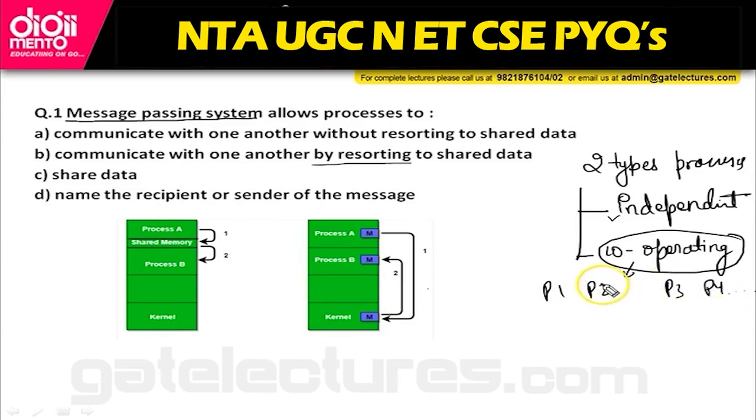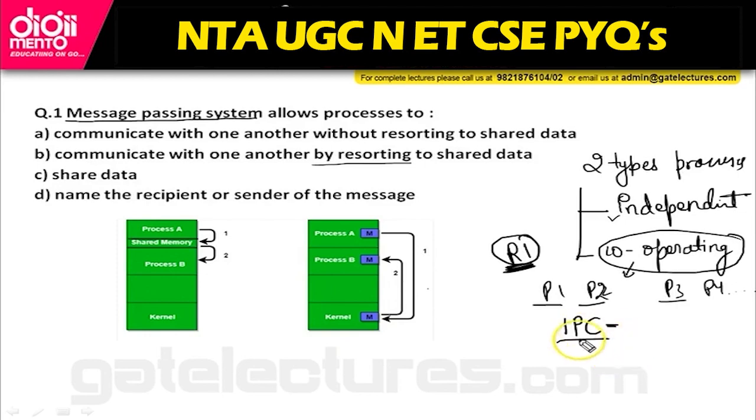Why do we make cooperating processes? So that we can share data. Suppose I have some resource R1 and processes P1, P2 and P3 want to share this data, then we use cooperating processes. For this we use a mechanism known as inter-process communication, IPC.